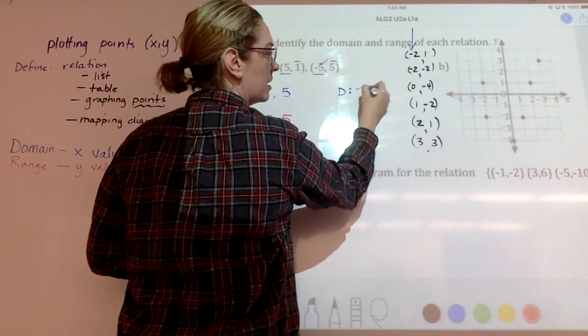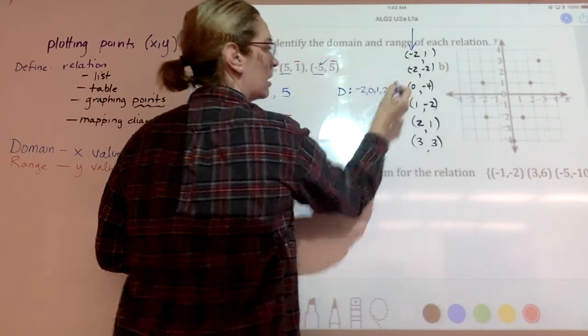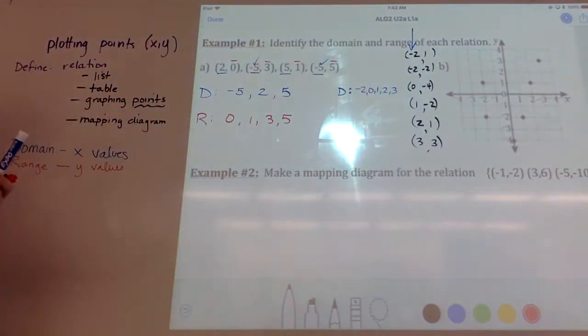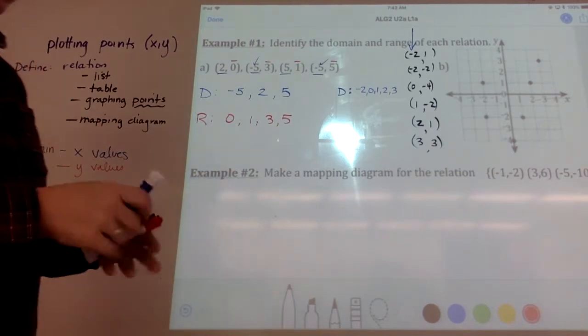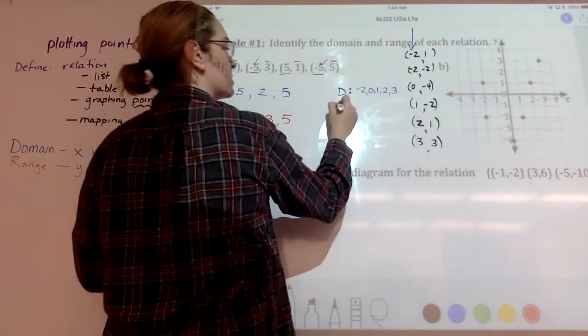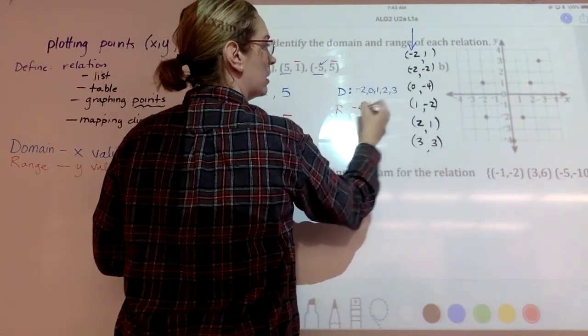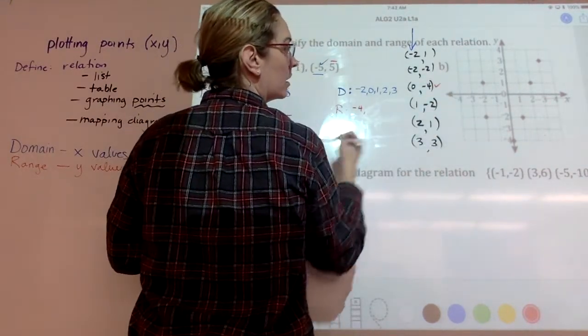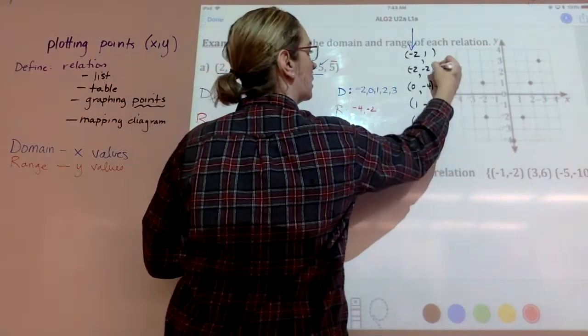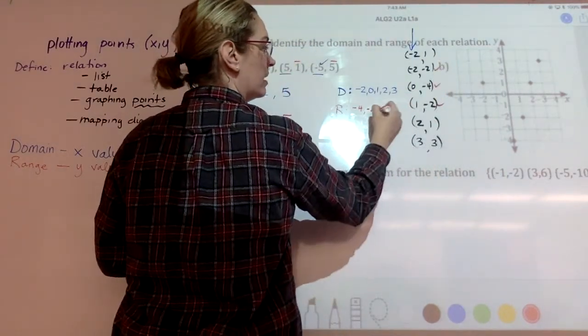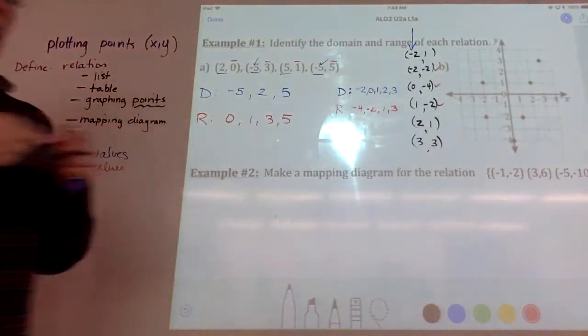Don't repeat. And then my range, this one's a little trickier. What is that? -4, -2, 1, and 3. And that's it.